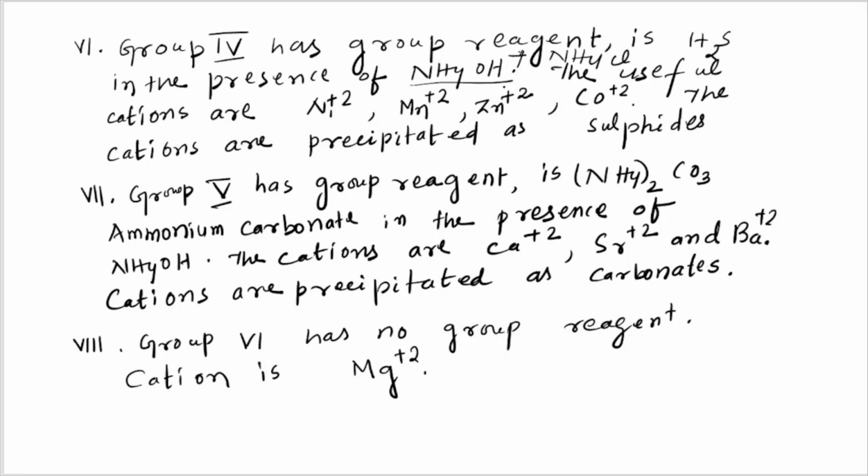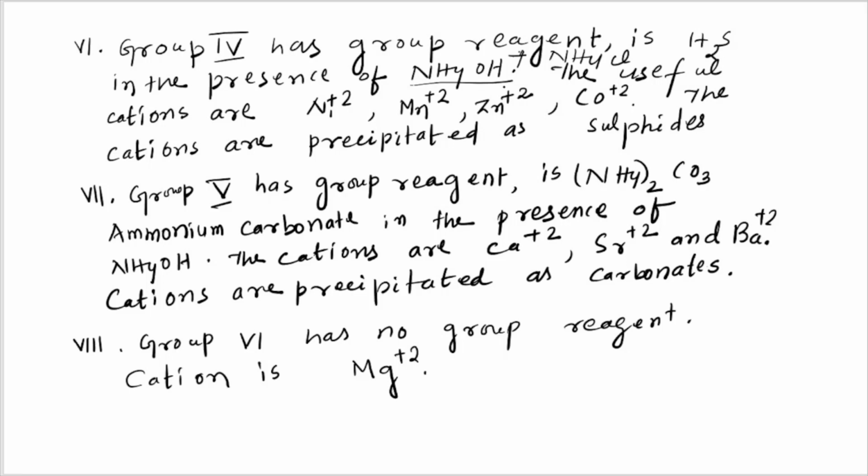Group 5 has the group reagent ammonium carbonate in the presence of ammonium hydroxide. Here also you add ammonium chloride and ammonium hydroxide, and due to the common ion effect, ammonium carbonate gives compounds known as carbonates. The cations here are Ca plus 2, Sr plus 2, Ba plus 2.